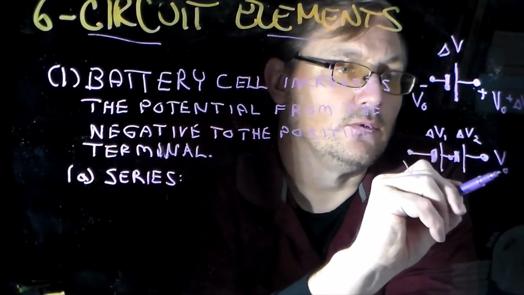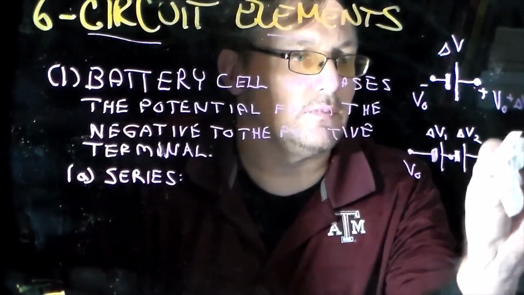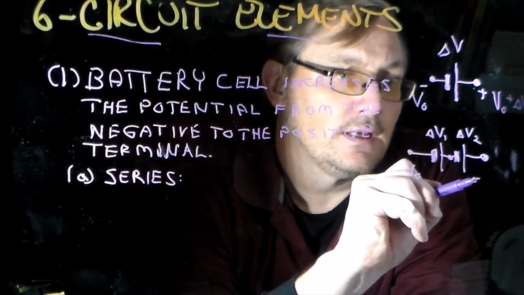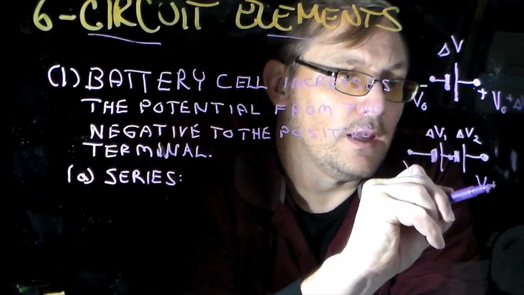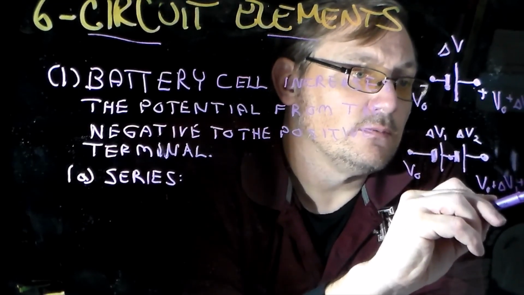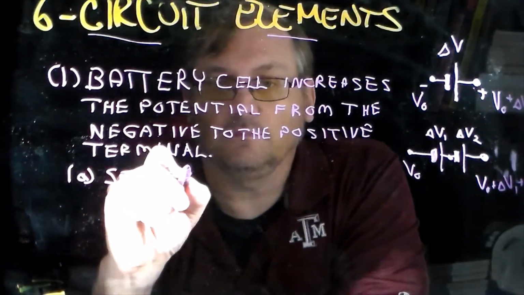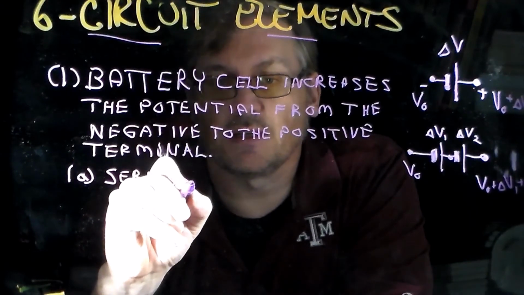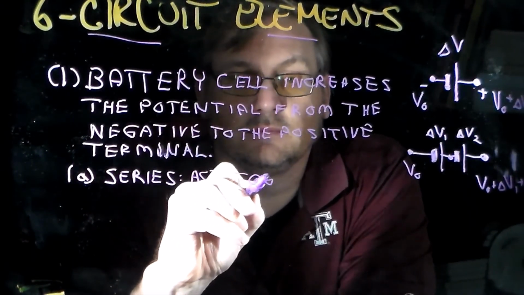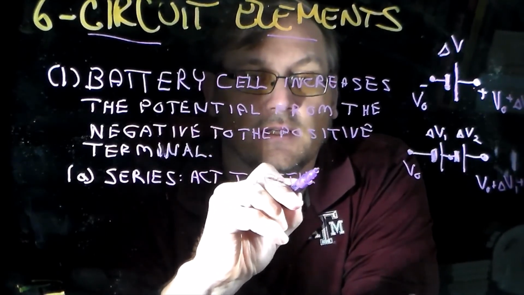Going to V0 plus delta V1 plus delta V2 at the positive end of this series. So in series they just act together to increase the potential.